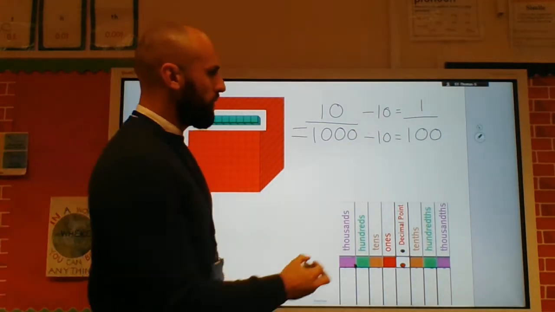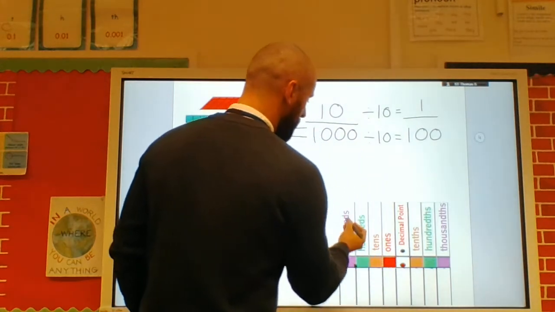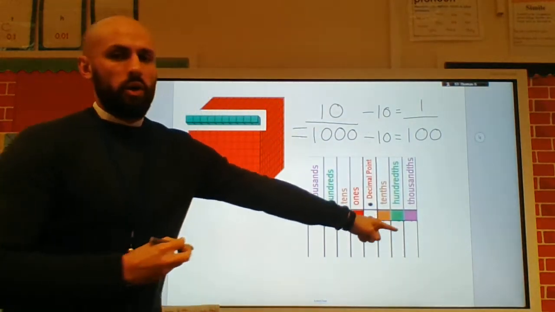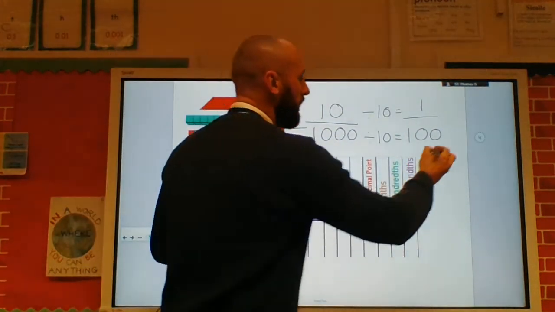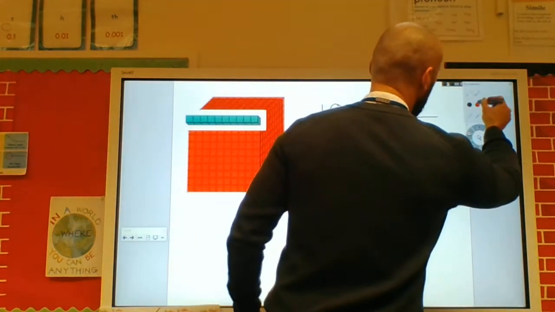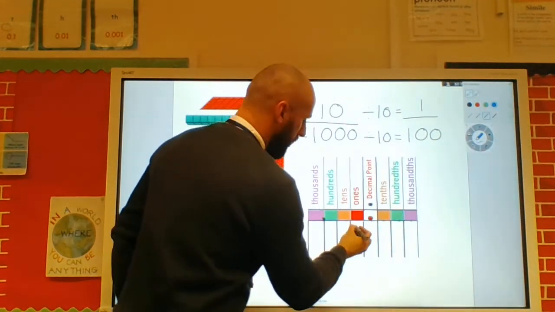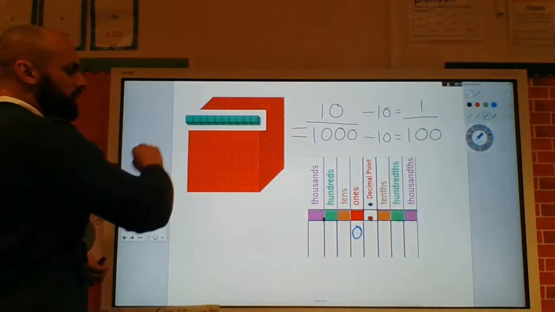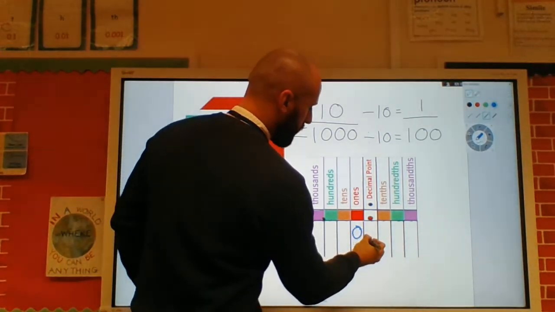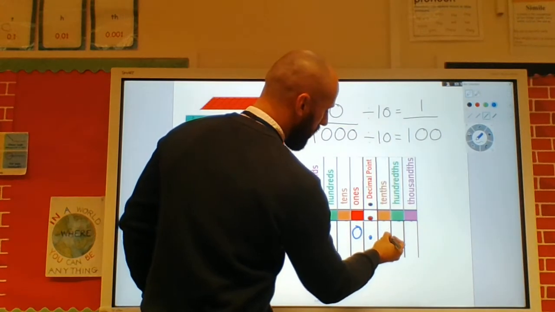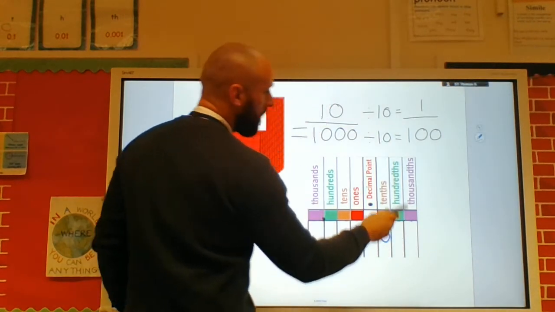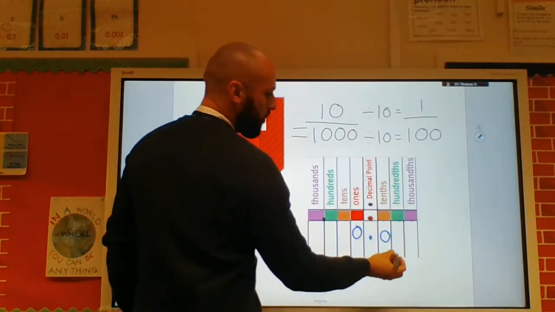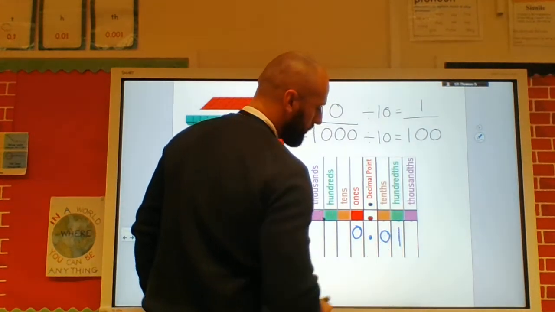So how do I write that then as a decimal fraction? Well, let's take a look at our place value grid here. I have 0 ones. So I've got no whole numbers, I've only got part of the whole. Put my decimal point in. I've got no tenths, but I have got 1/100th.